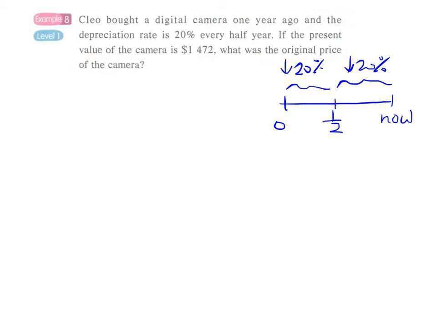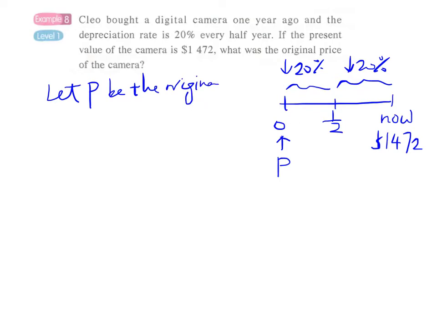And if the present value of the camera is 1472, what is the original value of the camera? So we can simply let P be the original value, P dollars.